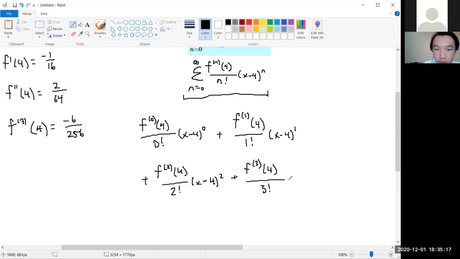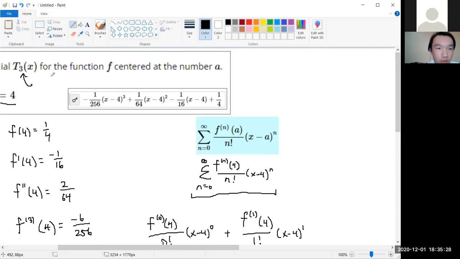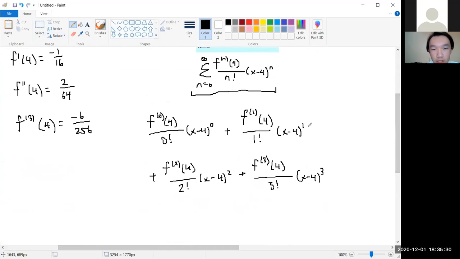And then f3 of 4 over 3 factorial, and then x minus 4 to the third power. So at this point, we can stop because this term is to the third power, which is all we need, right? Because the question specified T sub 3 of x, which means to the third power. So these are all the terms we need. Now we just need to plug everything in.